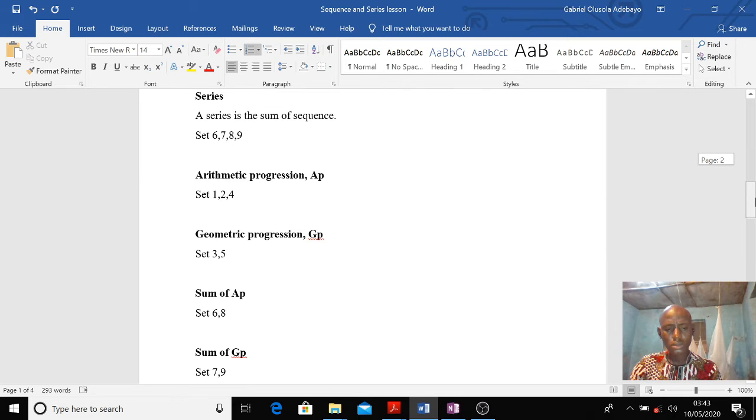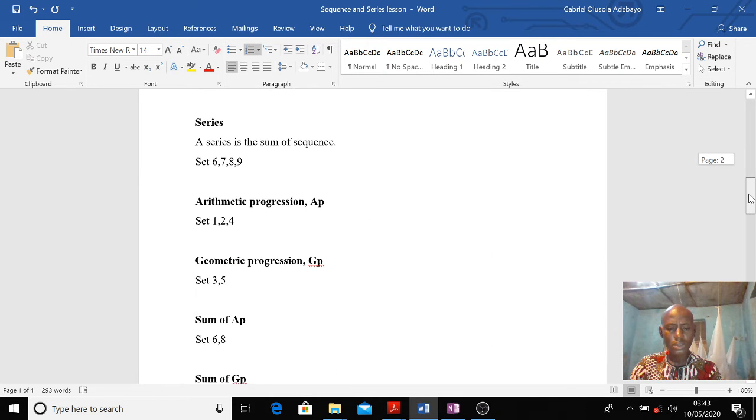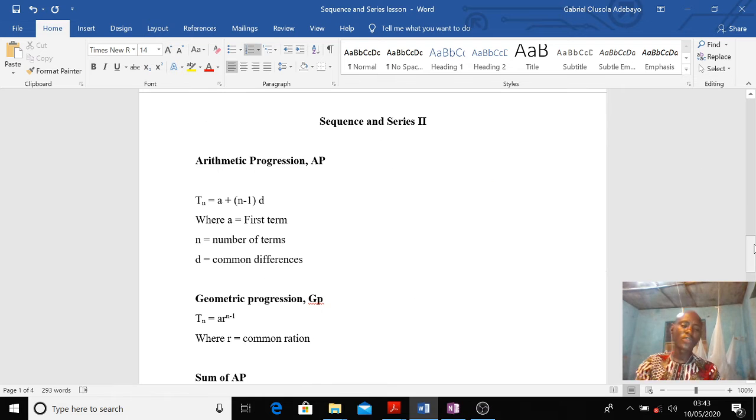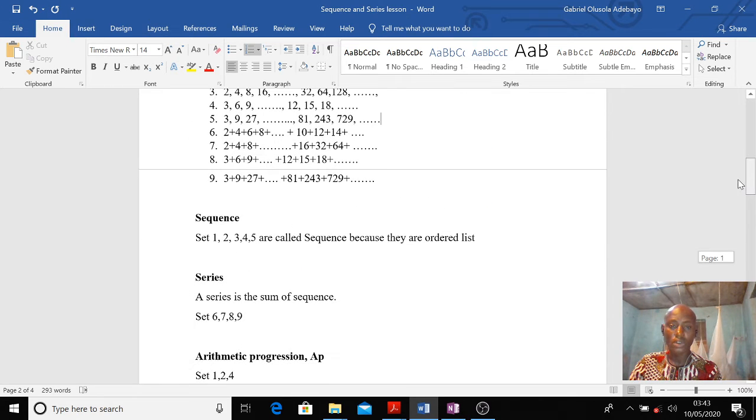Since you can identify the arithmetic progression, you can identify the geometric progression. No matter the term that you are looking for, you'll be able to get it.